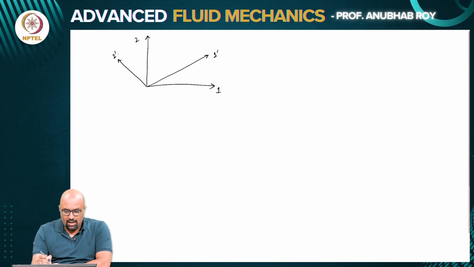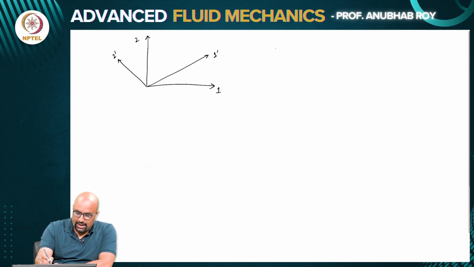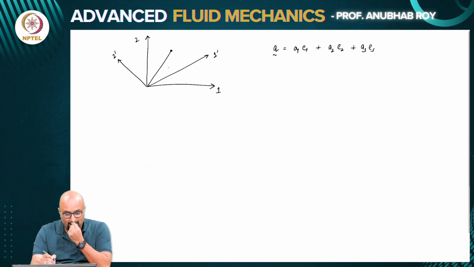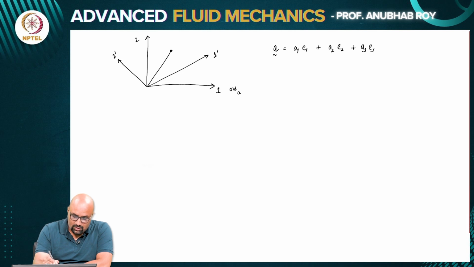Now I have, let's say, a vector, I'll choose the vector as A, which we have been doing so far, as A1 E1 plus A2 E2 plus A3 E3. So there is some vector that I have here, which I have marked using the original coordinate system, which I call the old coordinate system. So the unprimed variable is my old coordinate system, and the primed variable is my new coordinate system.